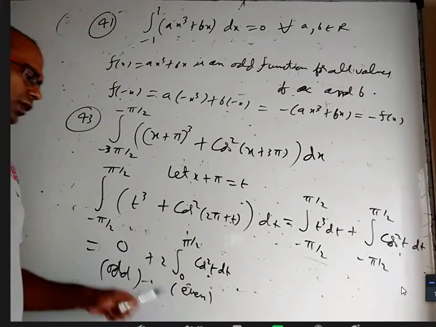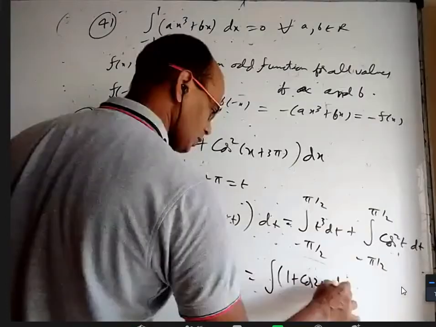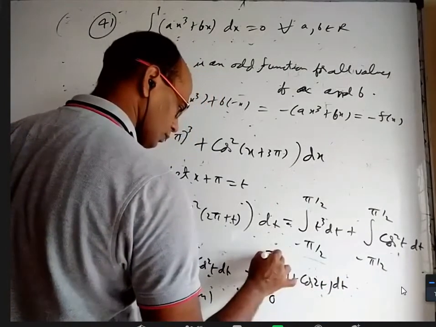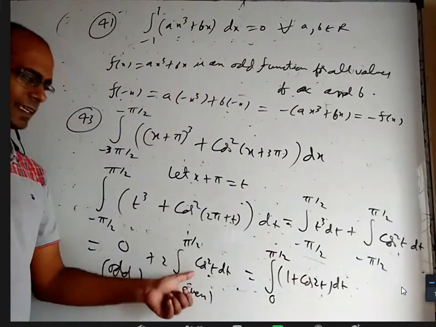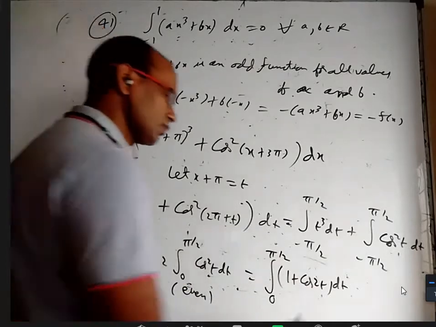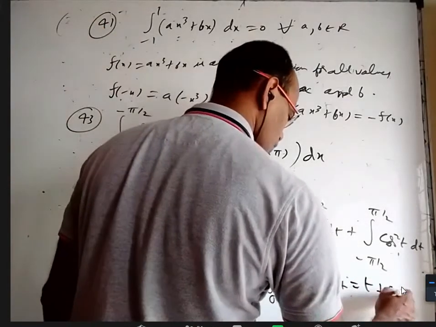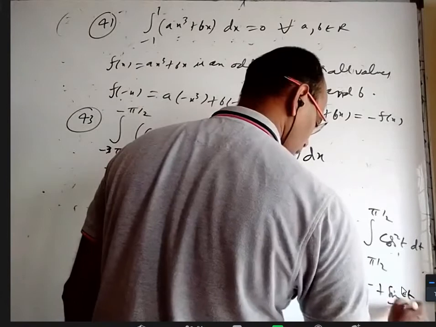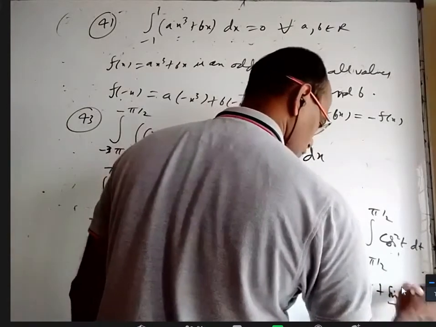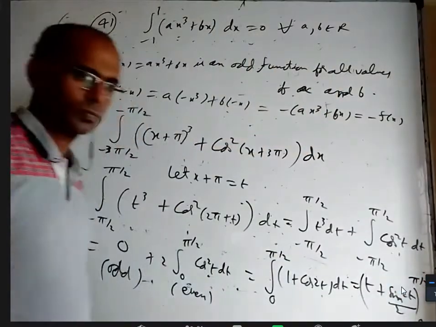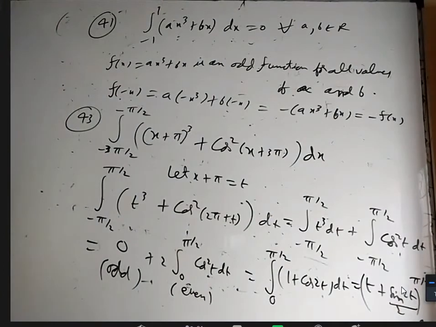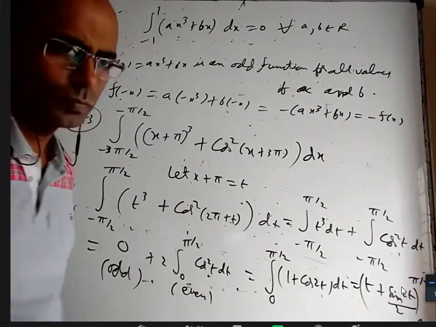Now this one, 2 cos square t, the standard way is we'll write 1 plus cos 2t. 2 went inside: 2 cos square t is 1 plus cos 2t, and the integral of 1 is t, the integral of cos 2t is sin 2t by 2. You can write the limits 0 to pi by 2.